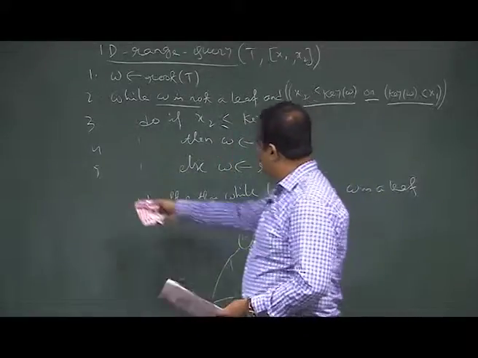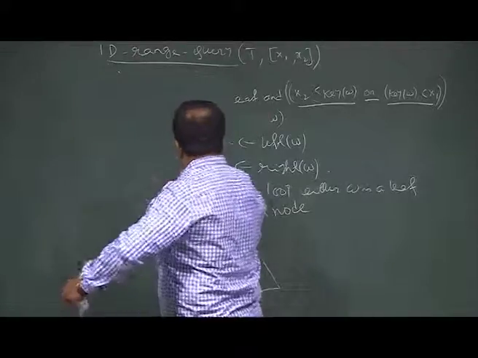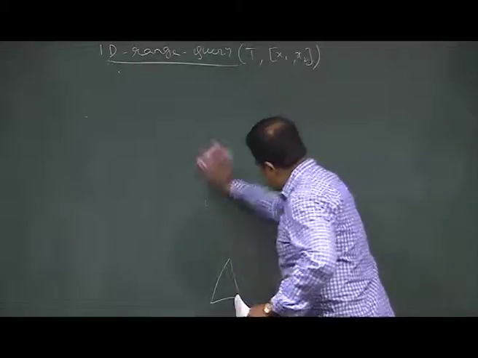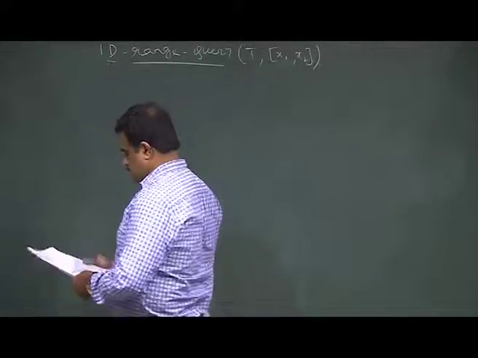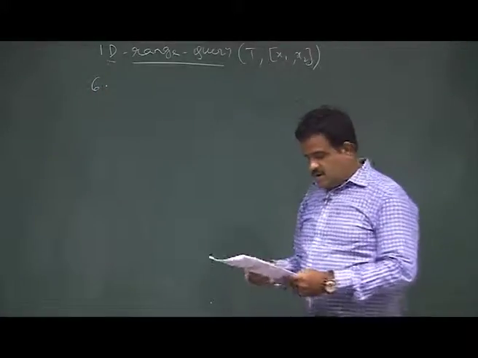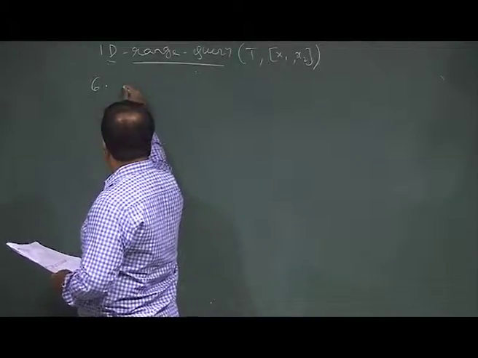We got the split node. Okay, so that means W is a split node.